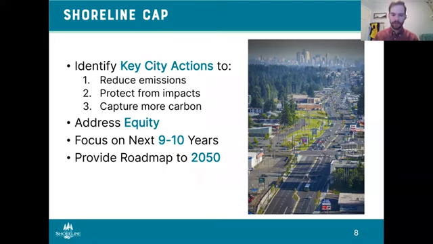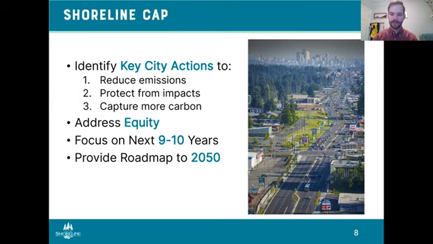And then lastly, there's a growing body of science acknowledging the role that natural systems play in both mitigating local impacts of climate change, but also reversing climate change by drawing carbon out of the atmosphere, storing it in plants, soils, and ecosystems. So some people refer to it as natural climate solutions.